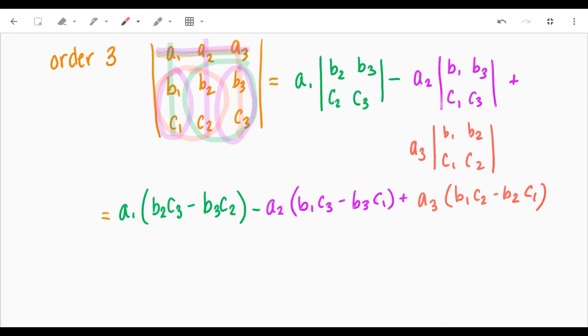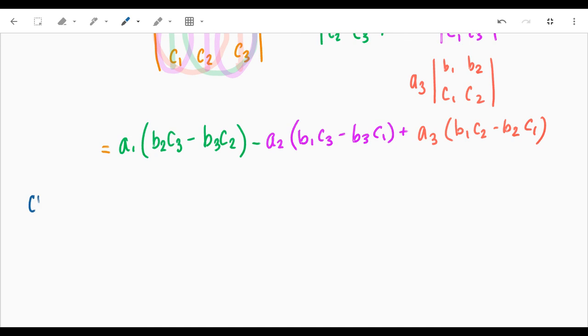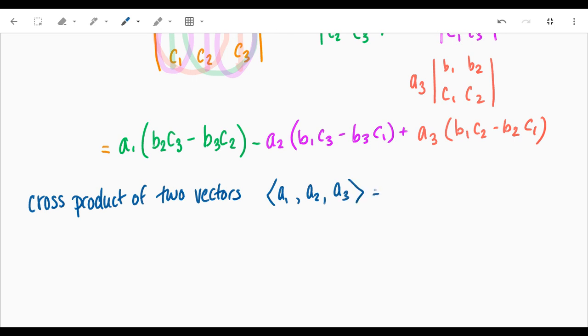So if you keep this in mind, when we do a cross product of 2 vectors, what we do is we take that A1, A2, A3, and we just use those as unit vectors in the direction of X, Y, and Z. Those are just your directional vectors.